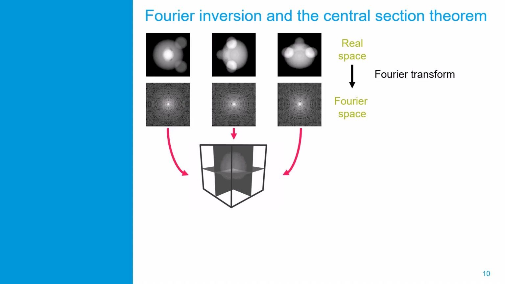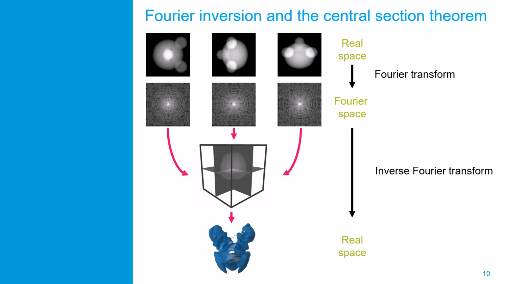So that means if we know all the different orientations of our projection images, we can place their corresponding Fourier transforms into the 3D Fourier transform in the correct orientation, and then perform an inverse Fourier transform to obtain a 3D reconstruction of our object in real space. And again, as you can see, the more unique projection images, and therefore the more unique Fourier transforms we have available, the better the reconstruction quality becomes.